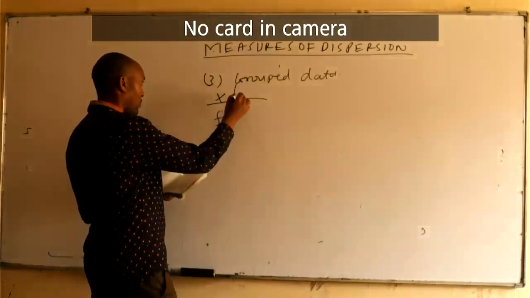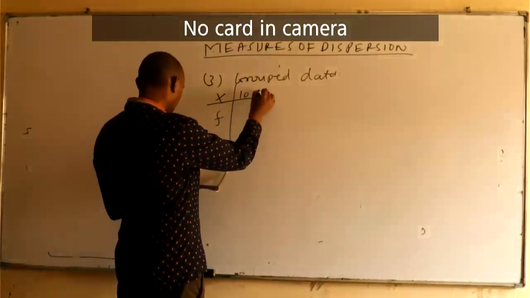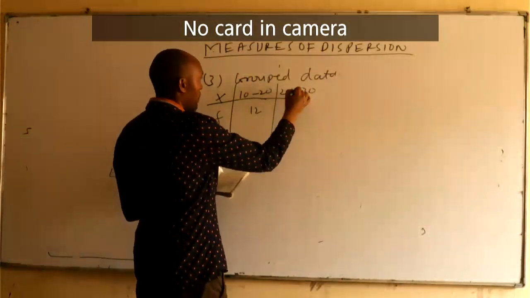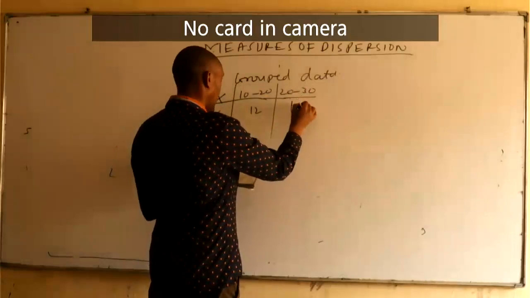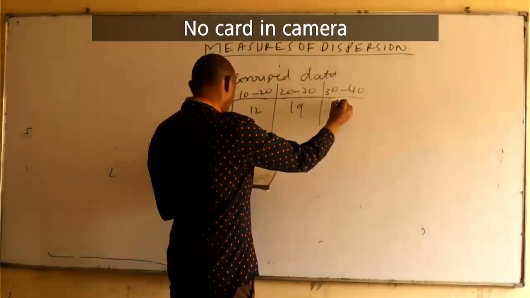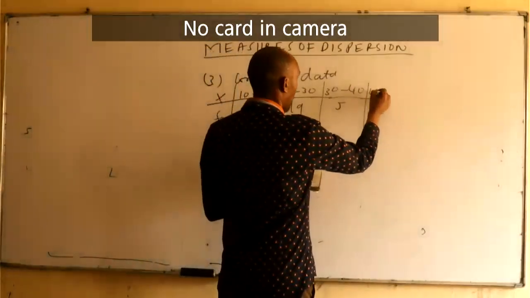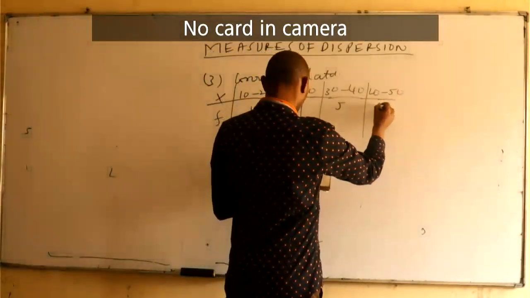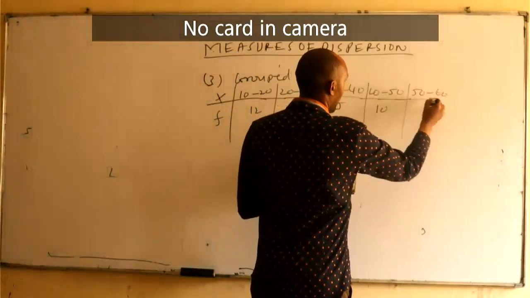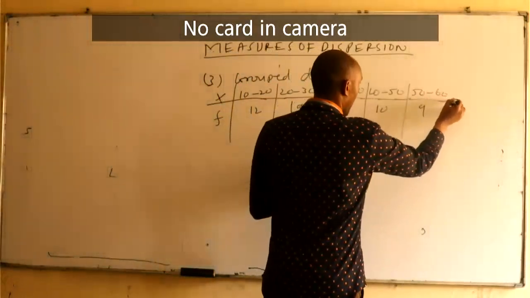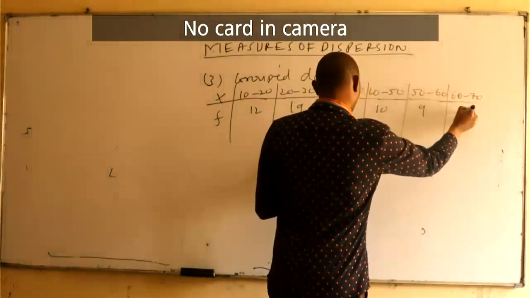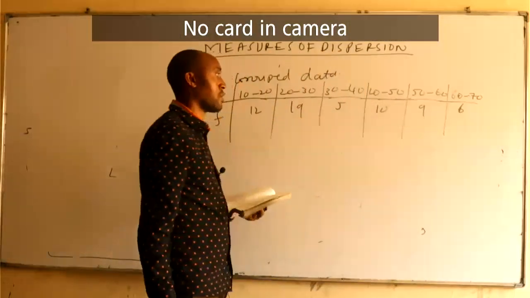So 10 to 20 is 12, 20 to 30 is 19, 30 to 40 is 5, 40 to 50 is 10, 50 to 60 is 9, and 60 to 70 is 6.